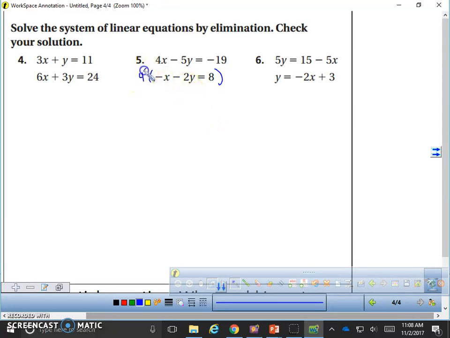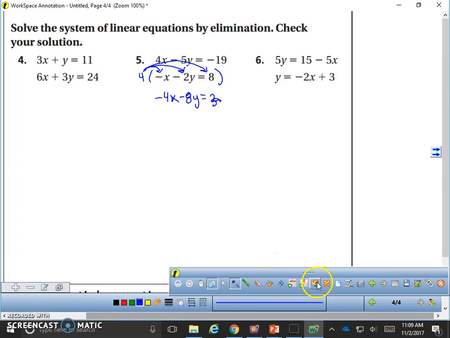So 4 times negative x is negative 4x. 4 times 2 is 8. And 8 times 4 is, not 28, 32. Sorry, off day today, 32. All right, now we're ready to stack them.